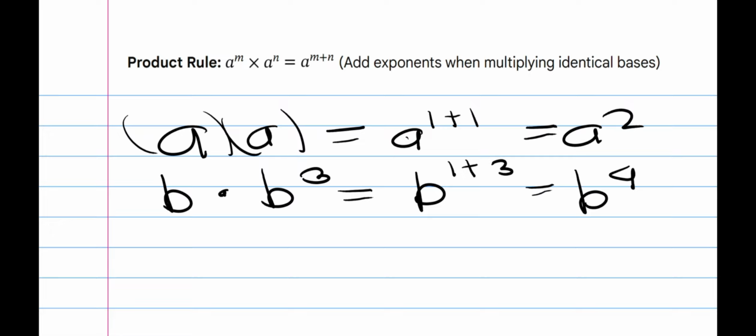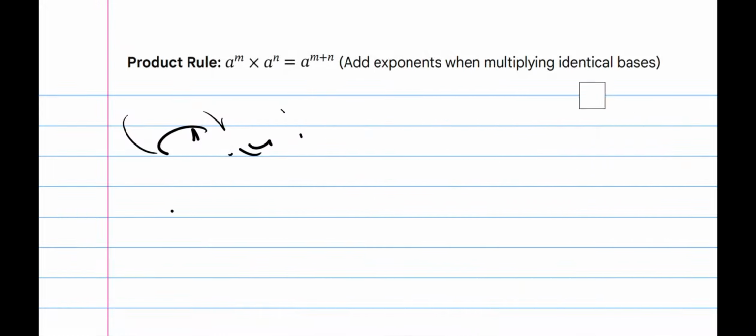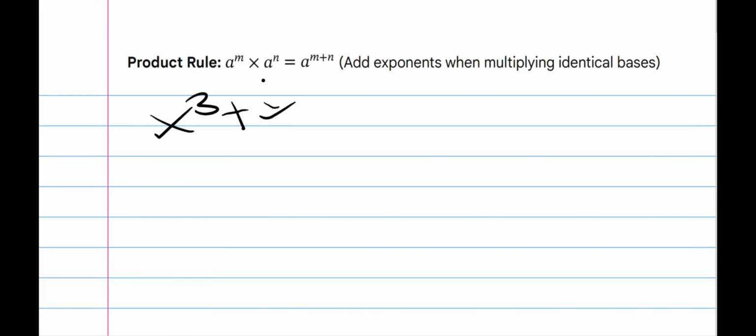Moving on, I will provide at least 5 examples. First example is x cubed times x fourth. As I've said earlier, when you're doing product rule in the laws of exponents, you just add the exponents.